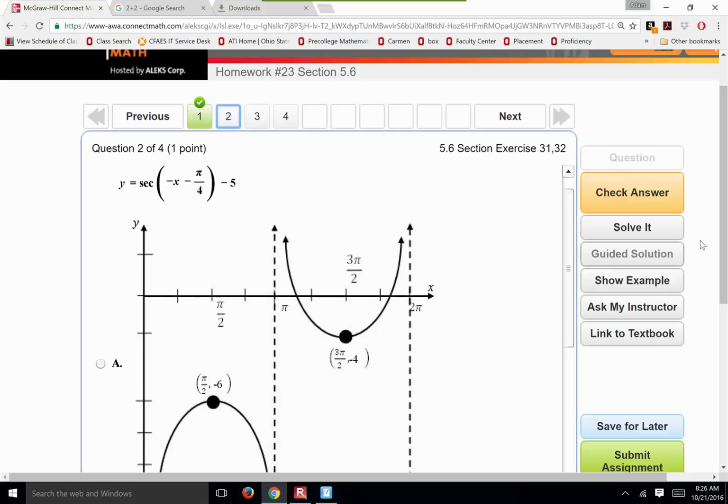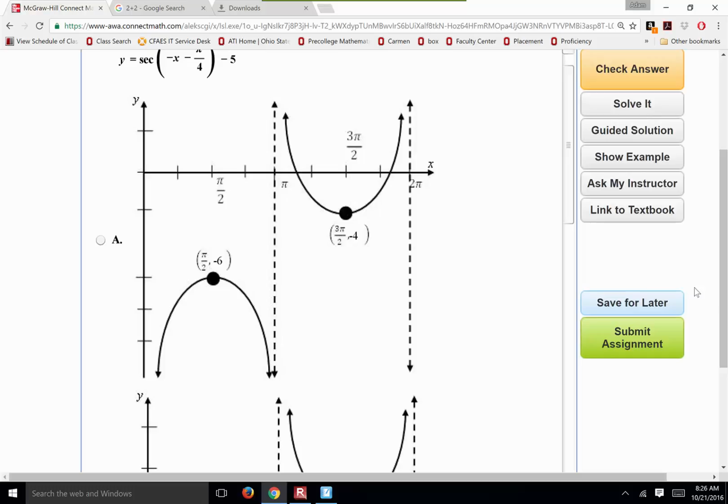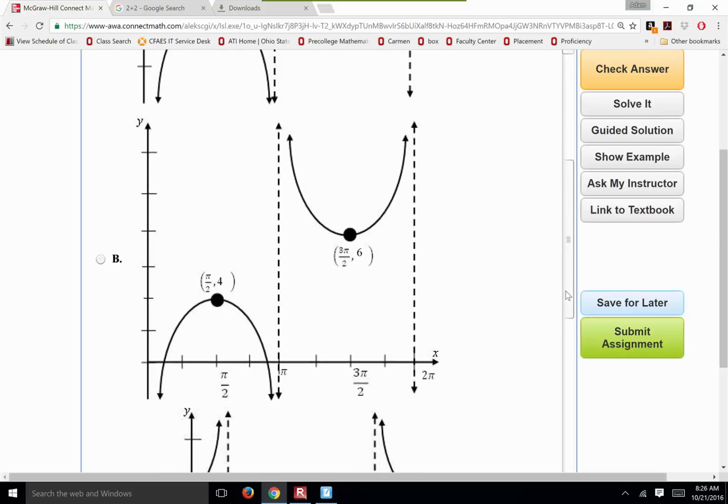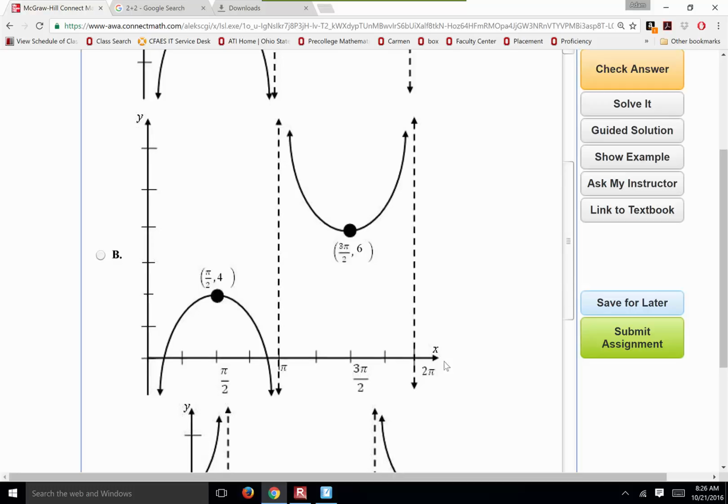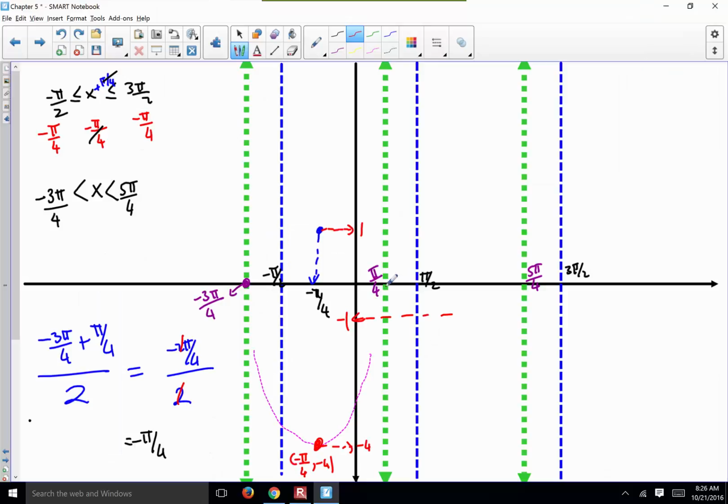It's not this one, because the asymptote is not pi. Is it this one? Pi, it's going towards pi. This has asymptote pi. My asymptote is at π/4.